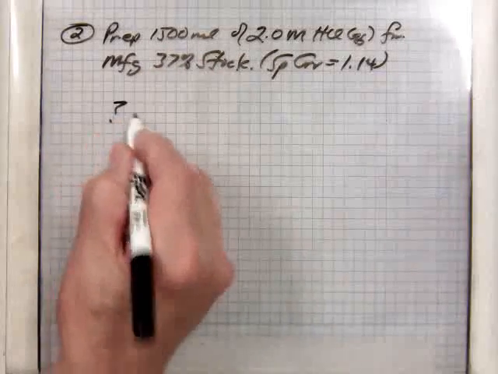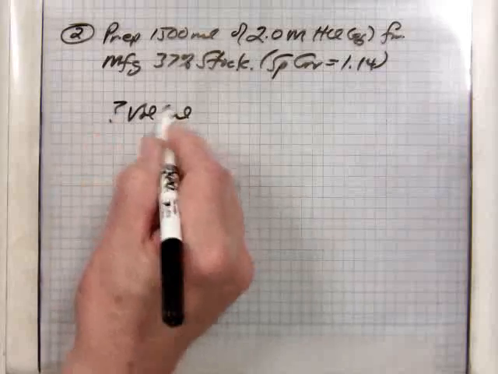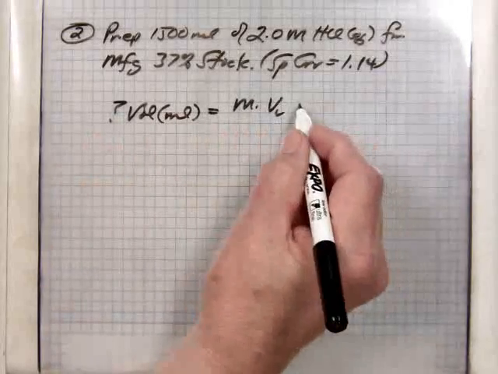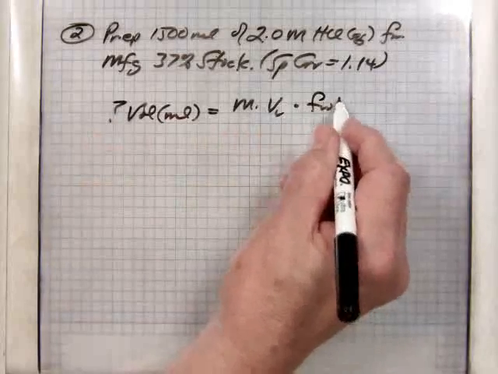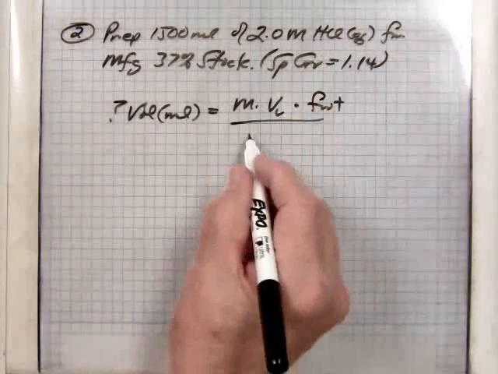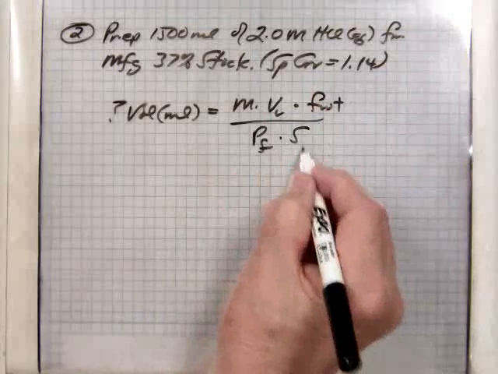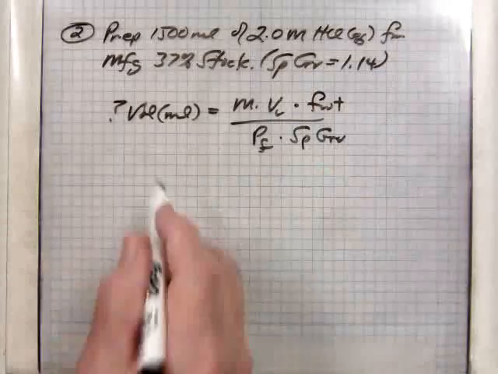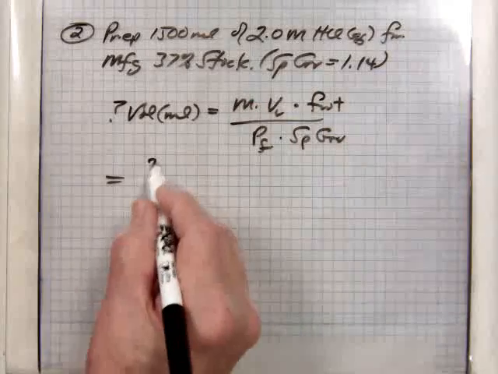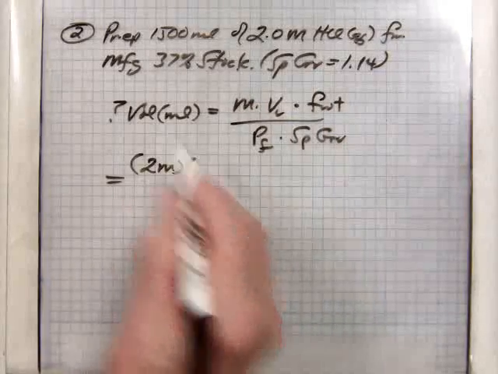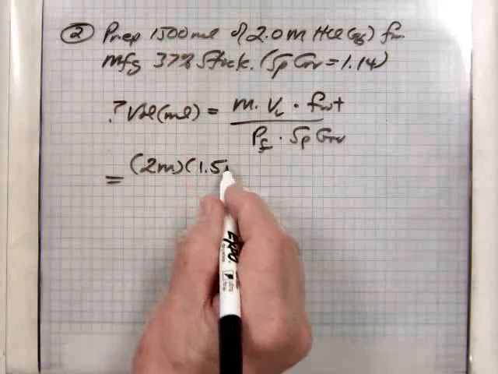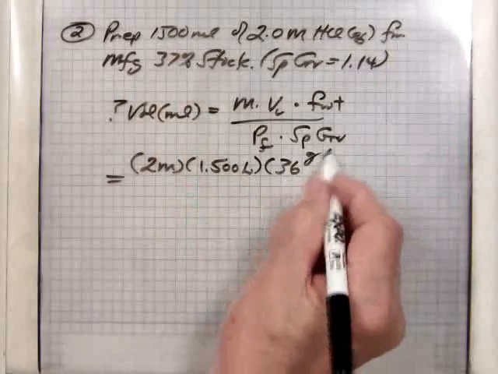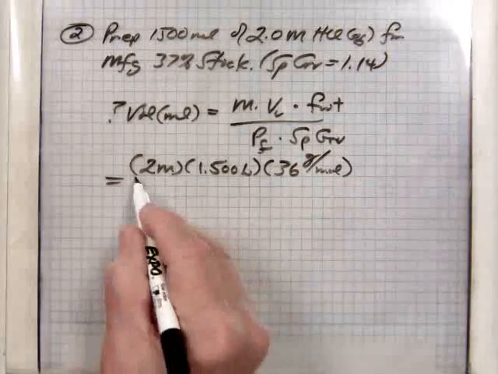So in this case, the volume will come out in milliliters, and that is a molarity times volume needed in liters times the formula weight of the solute divided by purity factor, but you must include also the specific gravity in this one. We need to make a 2 molar solution. We need to make 1.500 liters, 36 grams per mole for the formula weight.